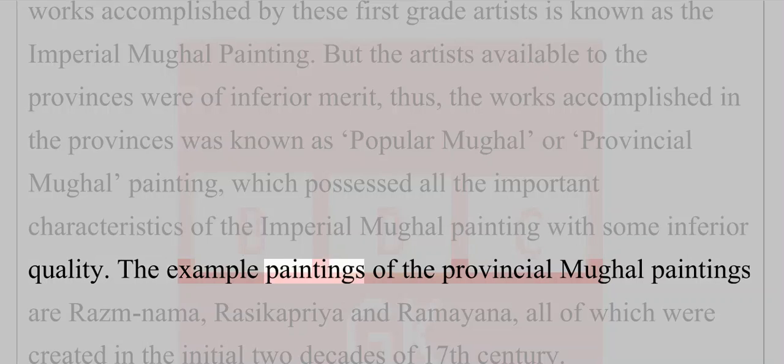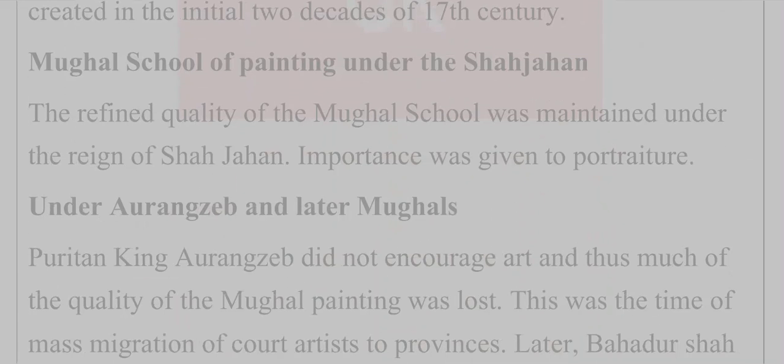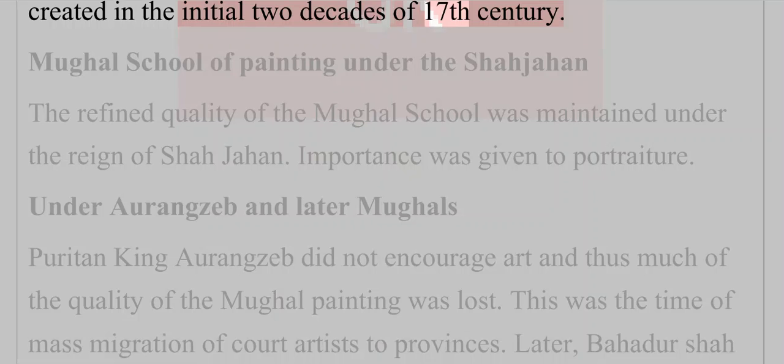The example paintings of the provincial Mughal paintings are Rajamnama, Rasikapriya and Ramayana, all of which were created in the initial 2 decades of 17th century.